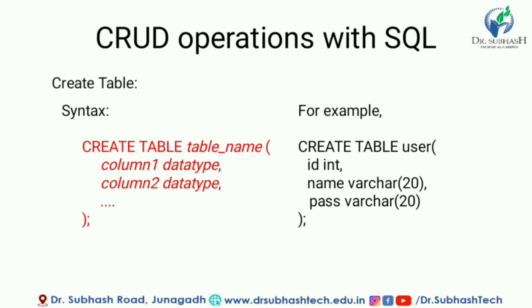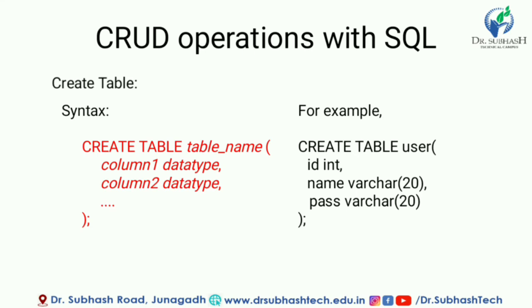In the example you can see create table user. We have created a table with the name user. Then you can see there are 3 columns: id, name and password. You can see the data types of these 3 columns also. id is of type integer, and name and password are of type varchar.